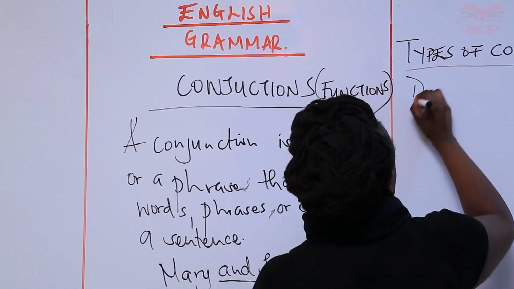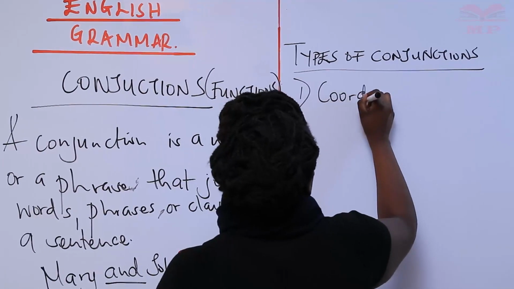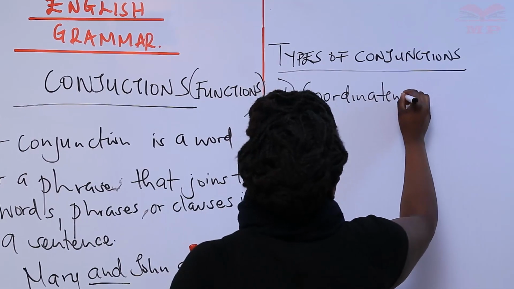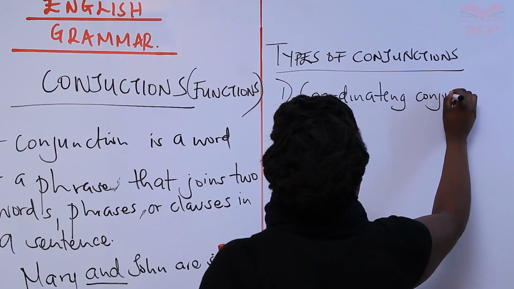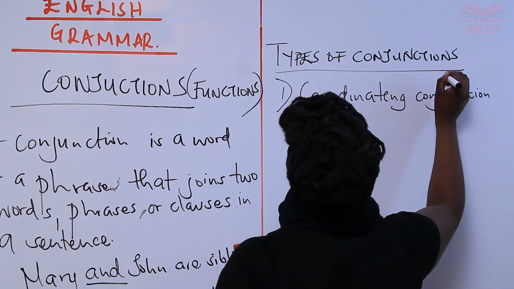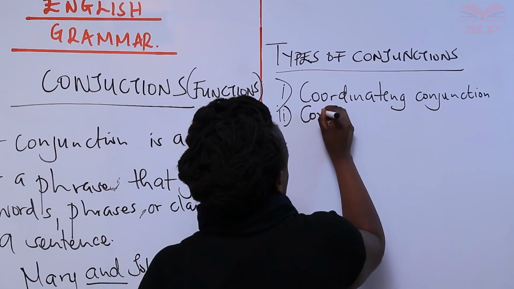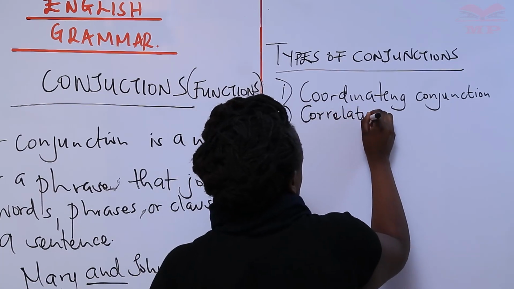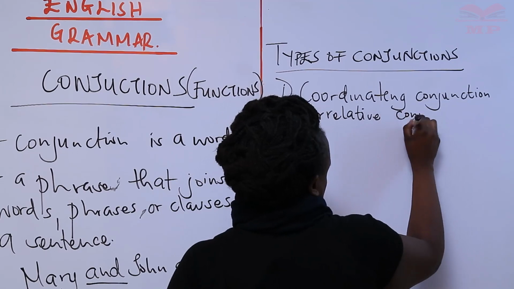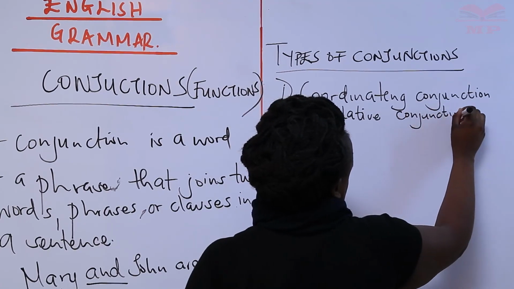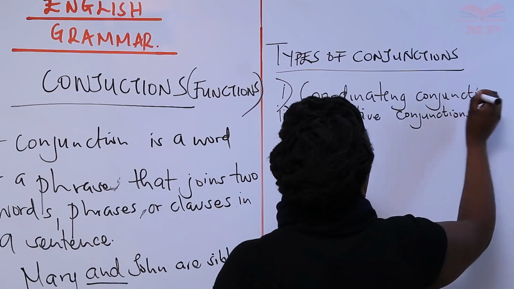So the first one is a coordinating conjunction. Number 2, we have correlative conjunction.